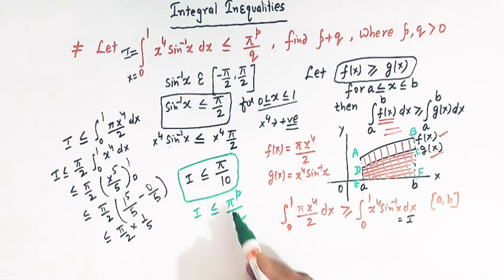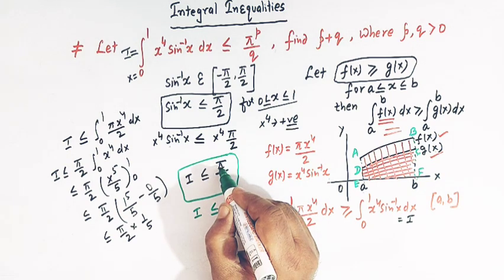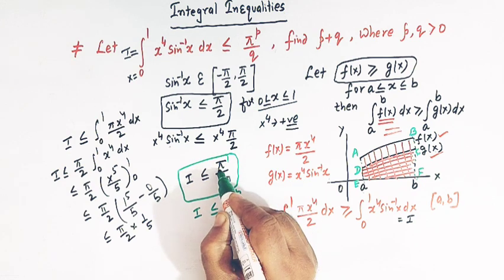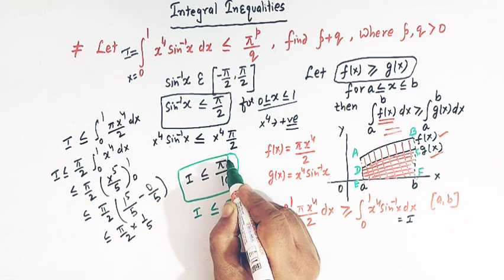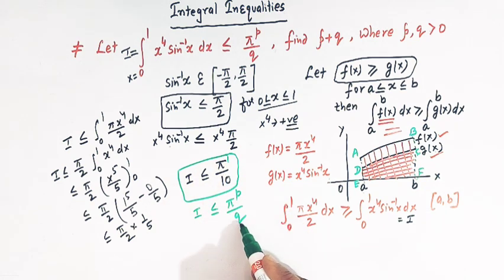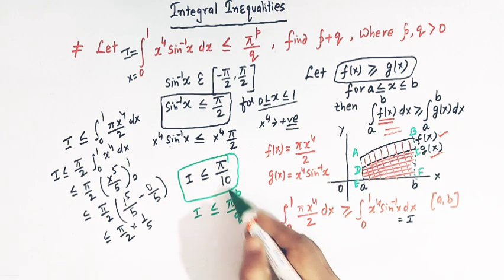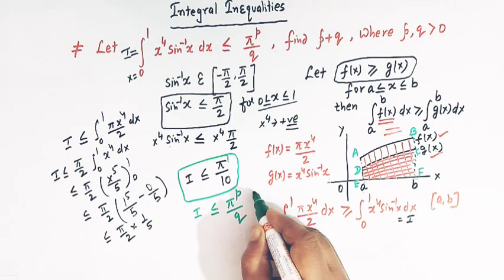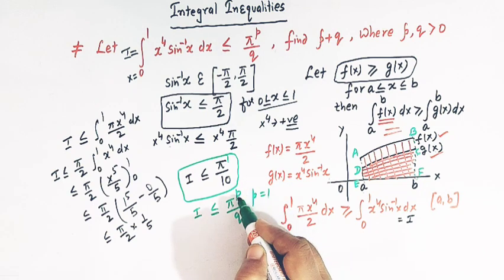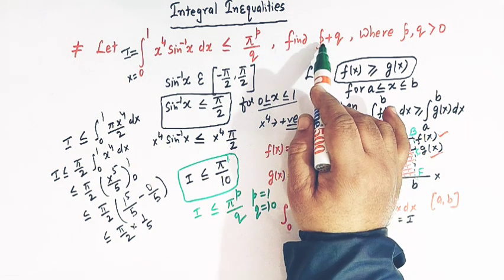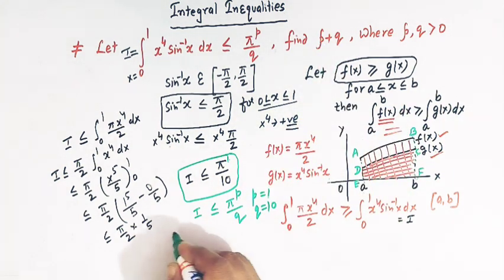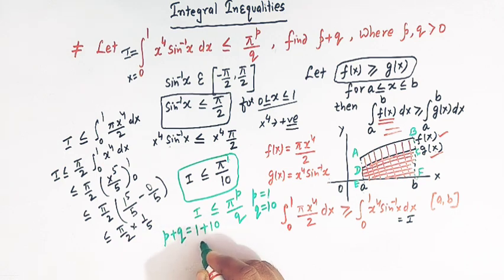Comparing these two results, we have pi raised to 1, since we have only pi, and q is 10. So p is equal to 1 and q is equal to 10. We have to find the value of p plus q, which is simply 1 plus 10, that is 11.